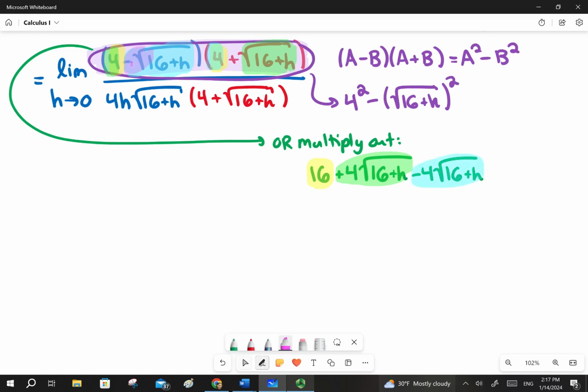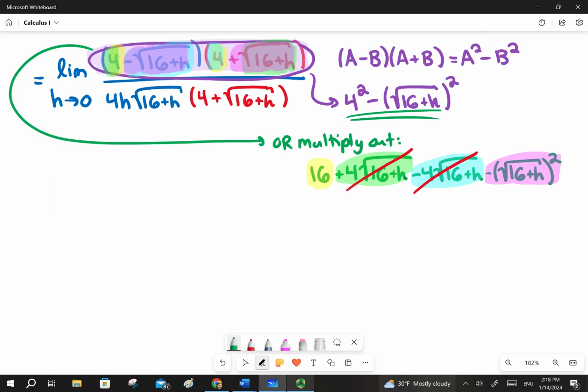And last, negative square root of 16 plus h times positive square root of 16 plus h is minus the square root of 16 plus h squared. We can cancel the 4 times the square root of 16 plus h terms, leaving just the 16 minus the square root of 16 plus h squared, which is what we got using the difference of squares shortcut.